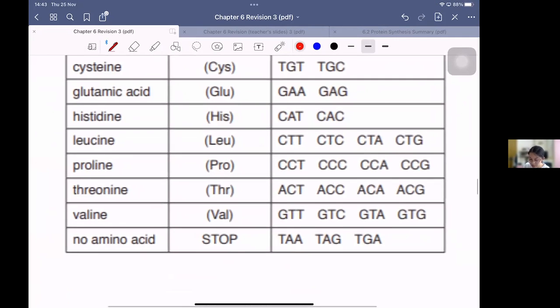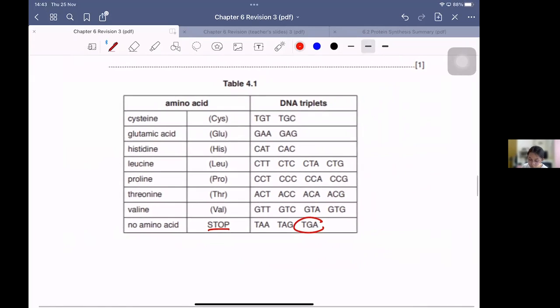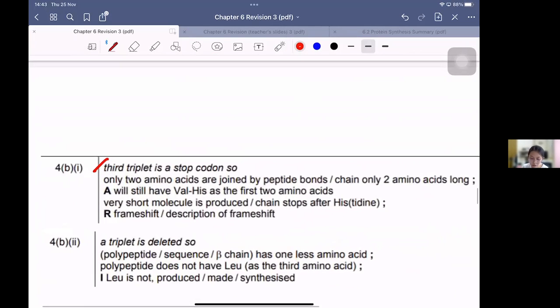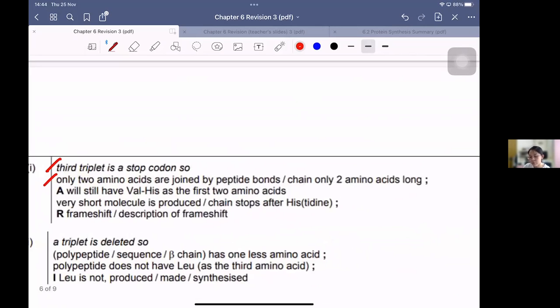So 4.1 states that TGA is a stop codon. So we know that the third triplet is a stop codon. Therefore, because the third triplet is a stop codon, there are only 2 amino acids joined by peptide bonds. So the chain is only 2 amino acids long.